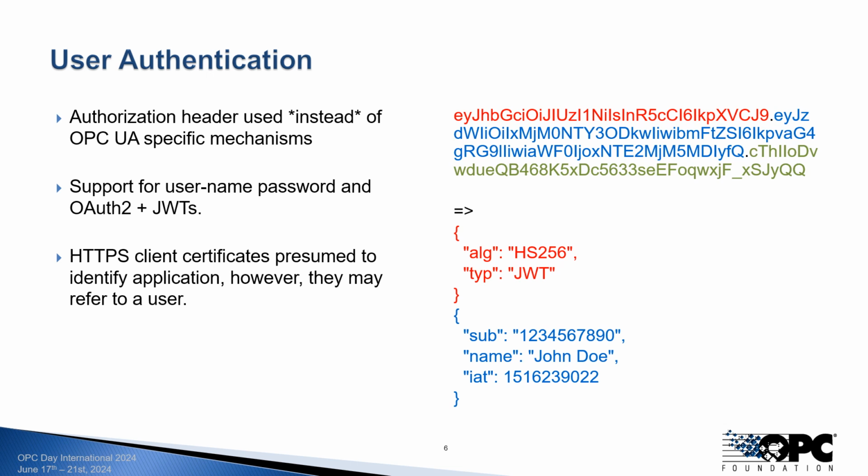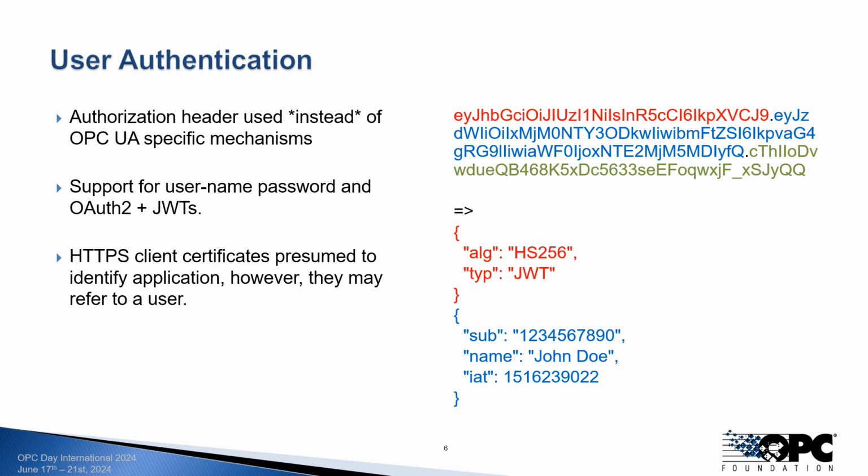So you no longer have to fill that information in on the client side, as long as you're setting that information properly using whatever infrastructure you've got to fill in the authorization header. And obviously we support basic authentication with username and password, as well as OAuth 2 with JWT authentication. HTTPS client certificates are generally presumed to identify an application.